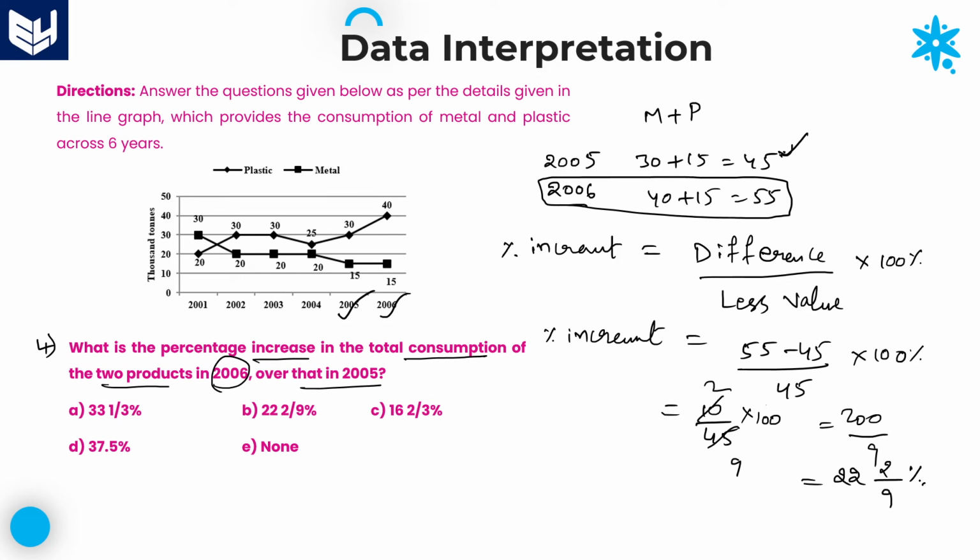So 22 2 by 9 percentage, that is the increment value. Therefore the required percentage increment is 22 2 by 9 percentage, which is option B.